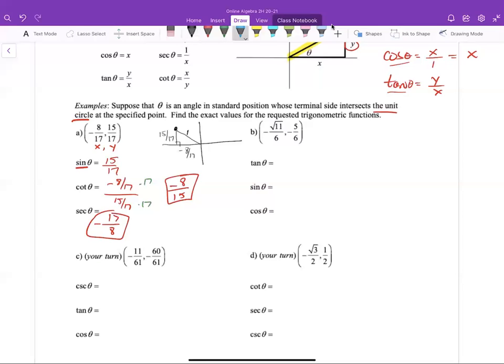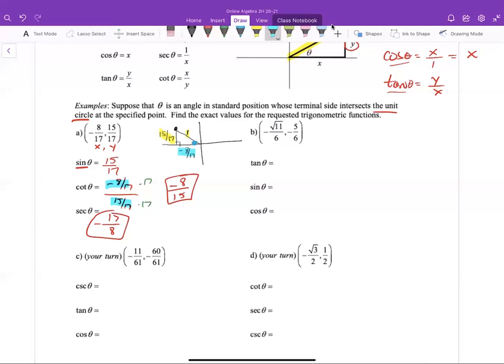Then you can use this internal reference angle and answer the questions that were asked. Sine is opposite over the hypotenuse of 1. And cotangent is the inverse of tangent, so instead of opposite over adjacent, it's adjacent, which is -8/17, over the opposite, which is this positive 15 over 17.